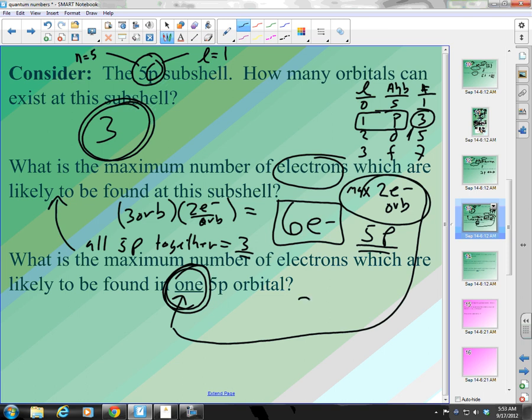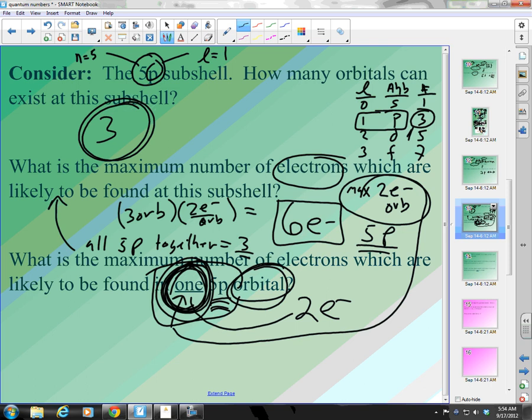Only 2 electrons. So does it matter if I say 1 5p or 1 2000f or 1 100s? It really doesn't matter if we're talking about 1 orbital, regardless of where it is. How many electrons can be found at maximum in 1 orbital? 2. And that's it. Got it?